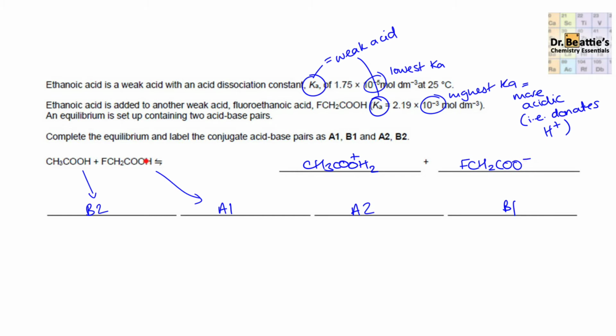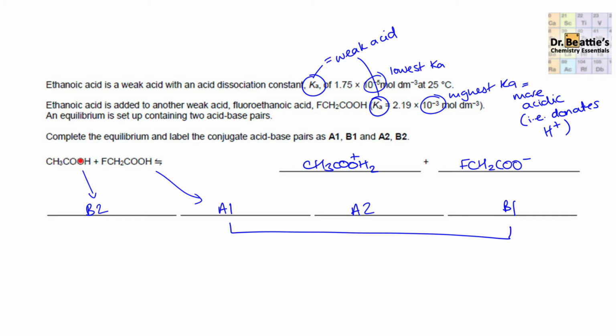So this form of it is the acid form, A1, and it's a pairing with the conjugate base form of it, B1. If you're not sure about conjugate acid and base pairs, watch the first video in this playlist that looks at acids and bases in general.